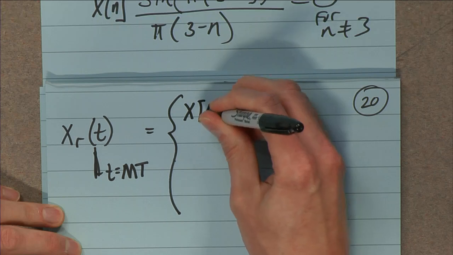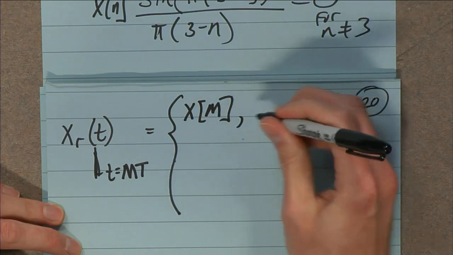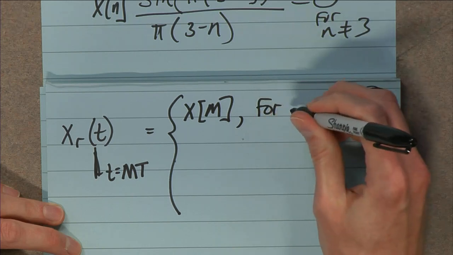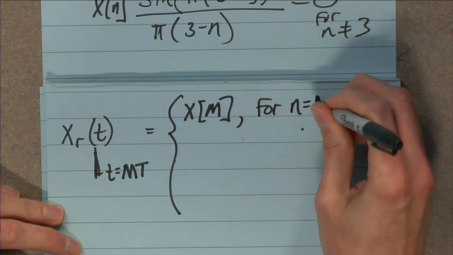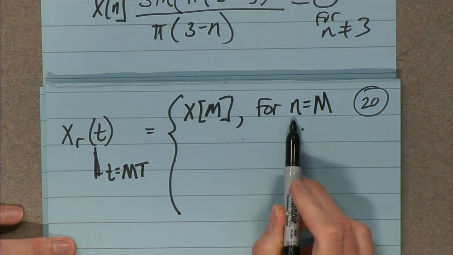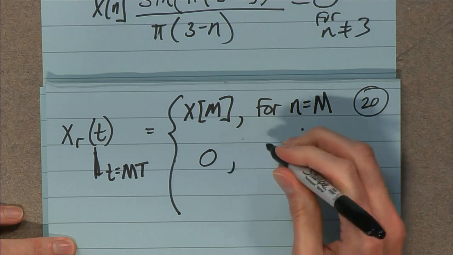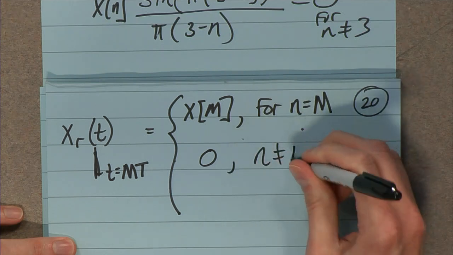We're getting back x[m]. In our case, we let m equal 3, and we found that for one of those infinite number of n's, we get that, and 0 for n not equal to m.